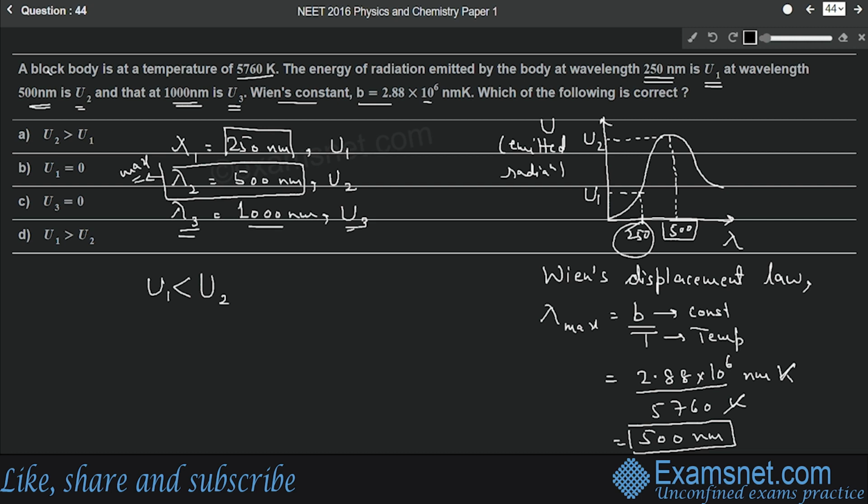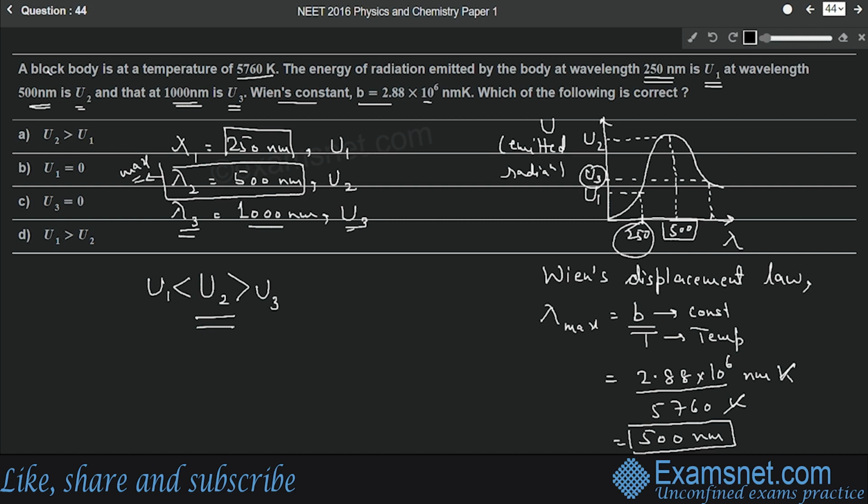Lambda 3 is 1000 nanometers, so it will come after 500, somewhere here. Its corresponding energy will be at this point, U3. So U3 is also less than U2. Also we can see that U3 is more than U1, but the main point is U2 is maximum. U1 and U3 both are less than U2.